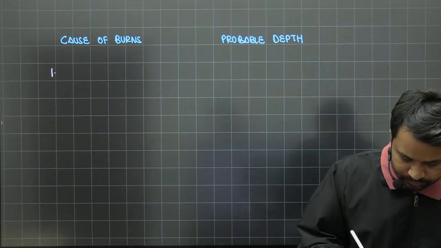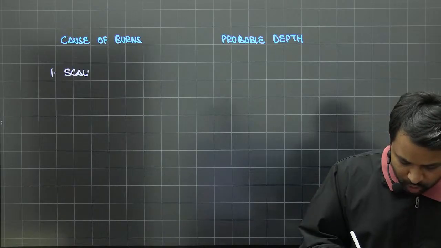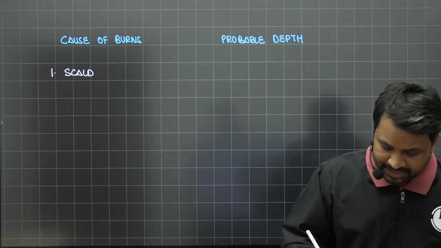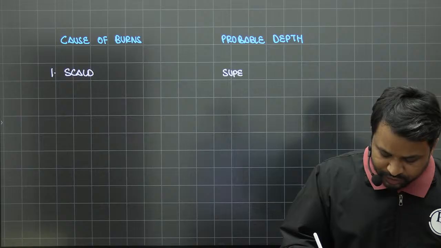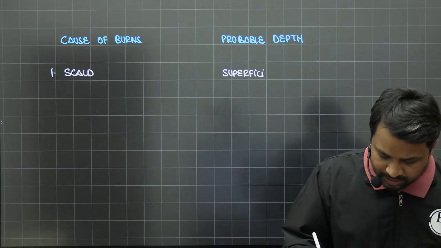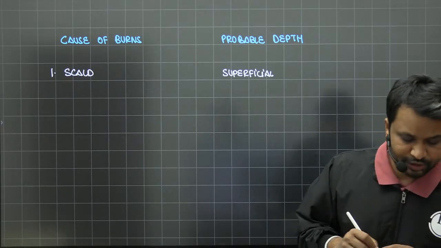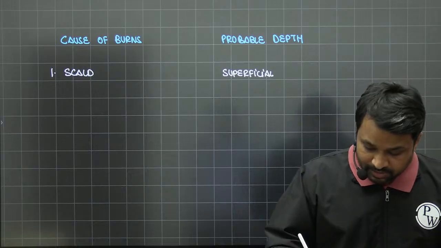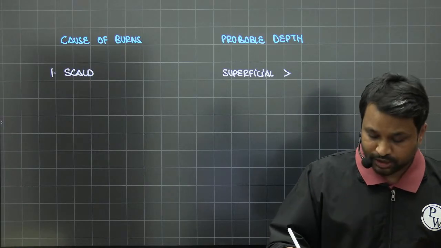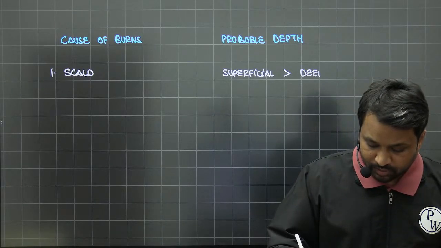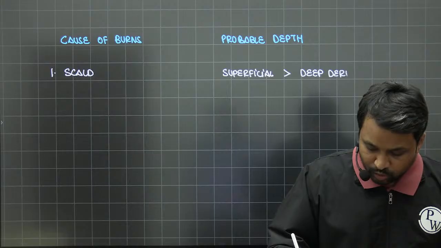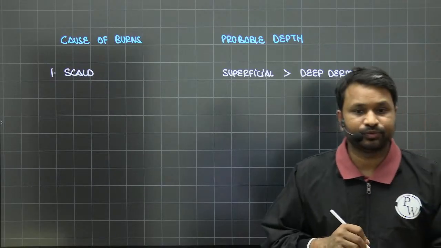Number one, it is hot water, that is scald. Scald burns are usually superficial burns. Sometimes if the water stays for longer duration, it can also cause deep dermal burns. But usually it is superficial, right?